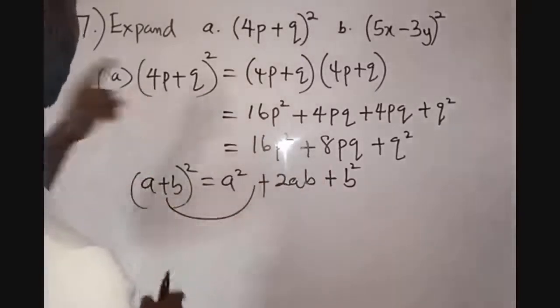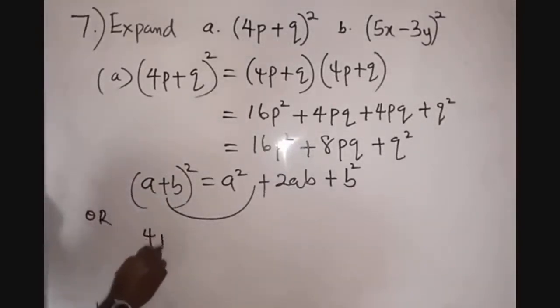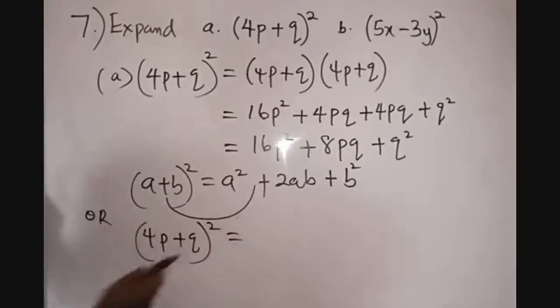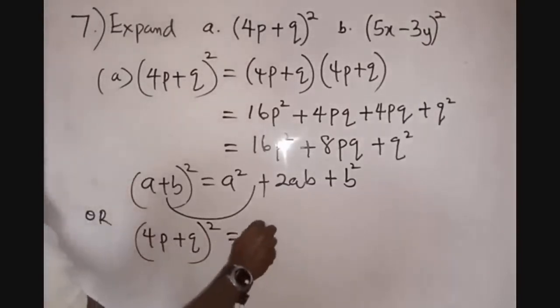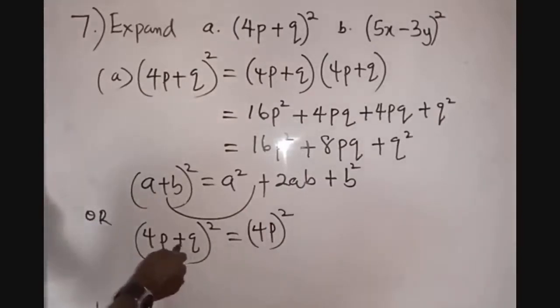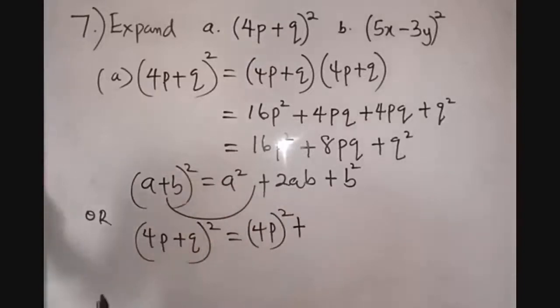So if you use that method to solve this, then that means you will have 4p plus q squared to be equal to square all of this. If I do square it, I will have this. Okay, the sign here, the sign is what you write, so I have positive, so I'm writing the positive sign there.